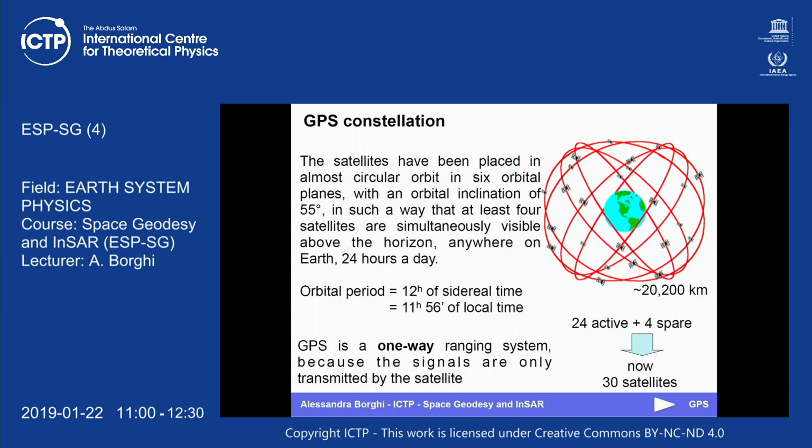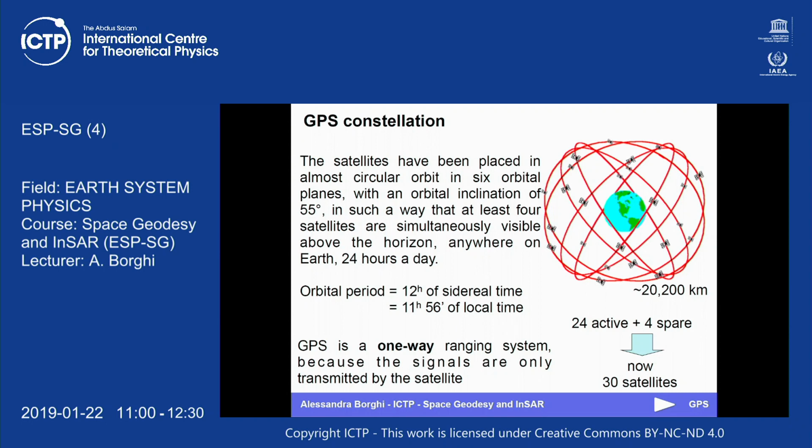All the system was developed to know the position all over the world. And as we are going to see, we need at least 4 satellites. So the position of the satellites and of the orbital planes are studied to be able to see at least 4 satellites all over the world.